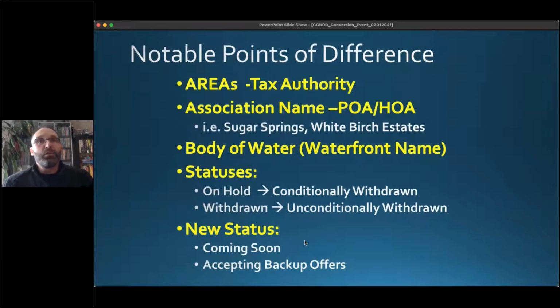Some of the notable points of difference between the MLS systems is with areas, we've adopted the approach of taxing authority or fully incorporated communities. And what that means is, where are the taxes being paid? Where is it physically located? And we use a federal standard called FIPS. You don't need to know what that is.